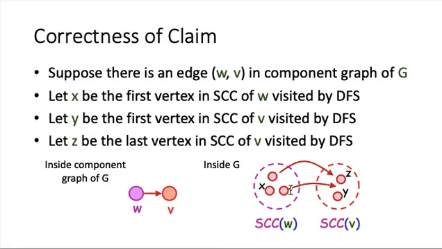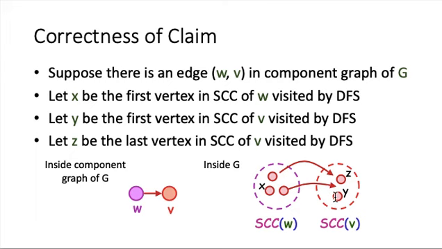Here we let X be the first vertex in this SCC visited by the DFS of G, and Y be the first vertex visited here, and Z be the last vertex visited here. We actually want to show that the vertex with the last finishing time cannot be this Z. So the last finishing time vertex cannot be inside this component.